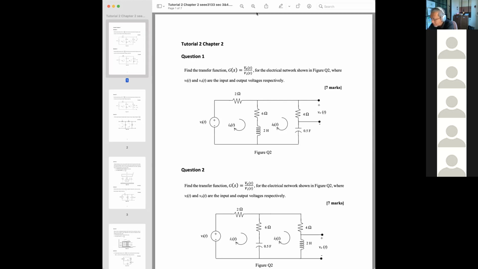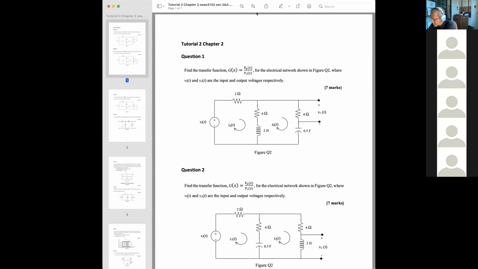How many components are in the circuit? Passive components: 1, 2, 3, 4, 5, 6. Six. How many resistances? 3. How many capacitances? 1.